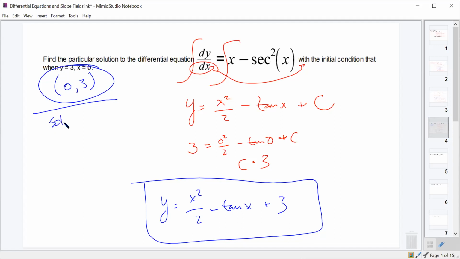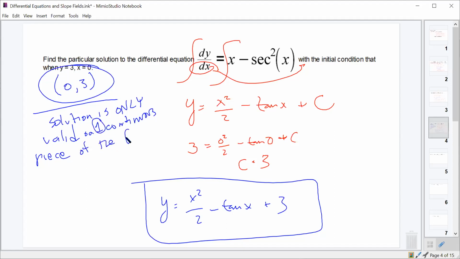So we're going to say that our solution is only valid on one continuous piece of the function that includes the initial condition.